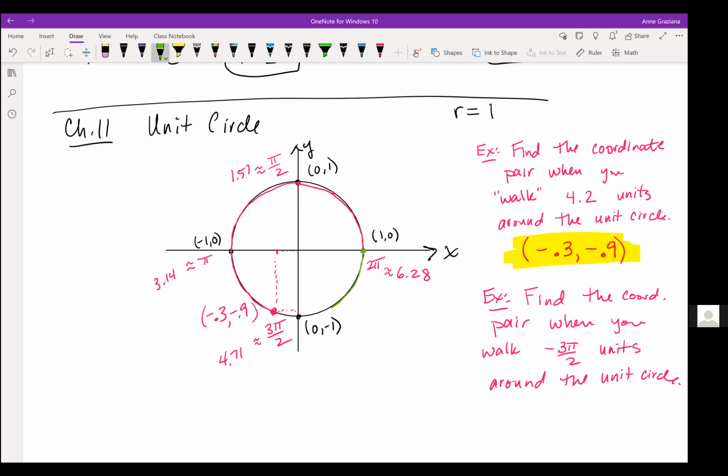Then we're going to count. This is pi over 2, 2 pi over 2, and then when I get here, that's 3 pi over 2. So this is negative 3 pi over 2. That's the distance I've walked. I've gone the opposite direction, 3 pi over 2 units. What's my coordinate pair at that point?